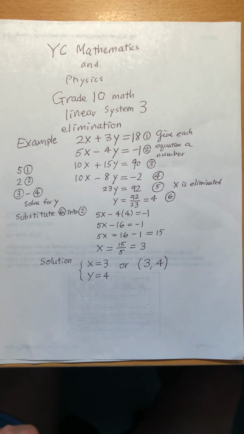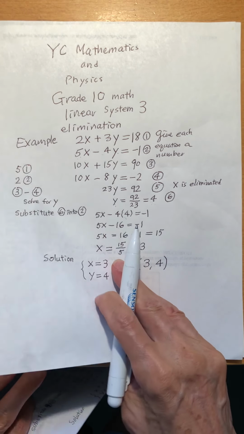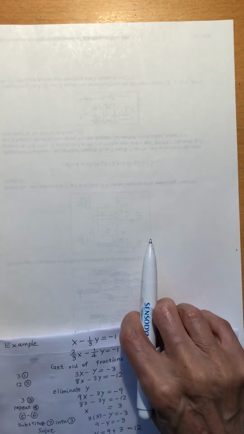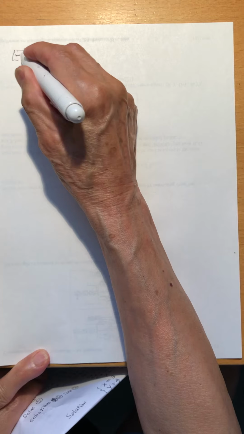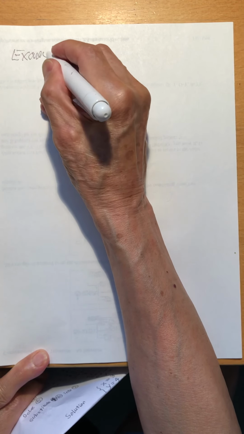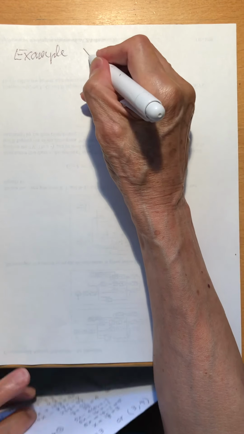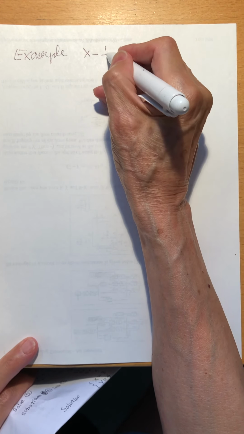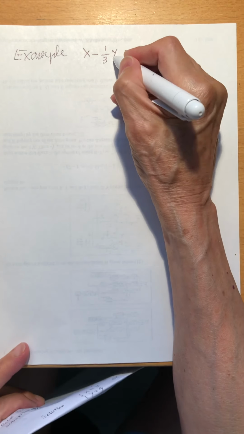Okay, this is an example. It's quite simple here. So let's have another example. Okay. So x minus 1/3 y equals -1.